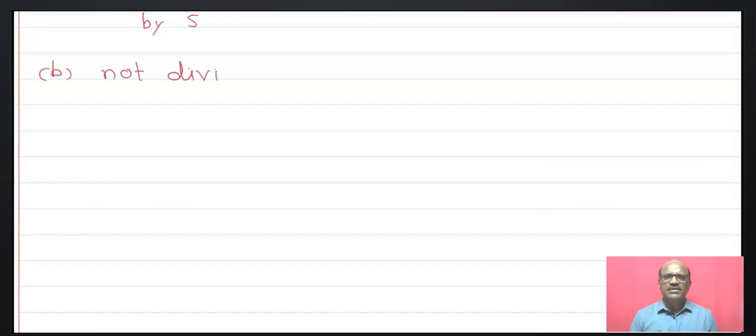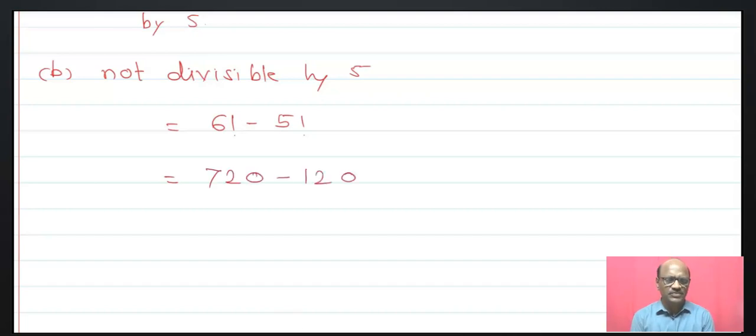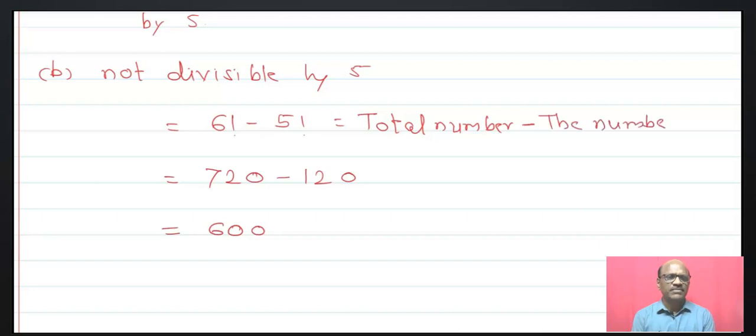Next is B, not divisible by 5. That is all the numbers minus the numbers which are divisible by 5. This we can solve like this also. That is all numbers 720 minus 120, that is total numbers minus the numbers which are divisible by 5.